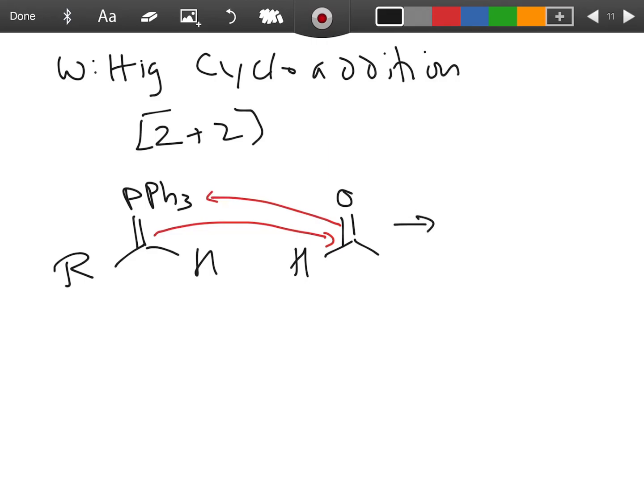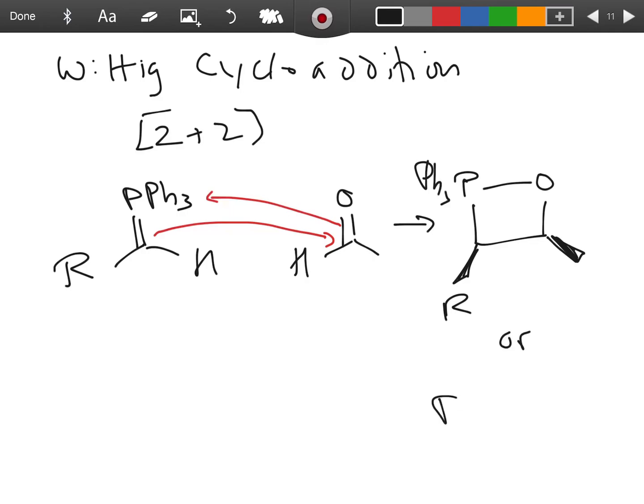And again, you get the same thing we just showed. You get 2 oxaphosphetanes, where you have methyl and R on the same side, or methyl and R on opposite sides.